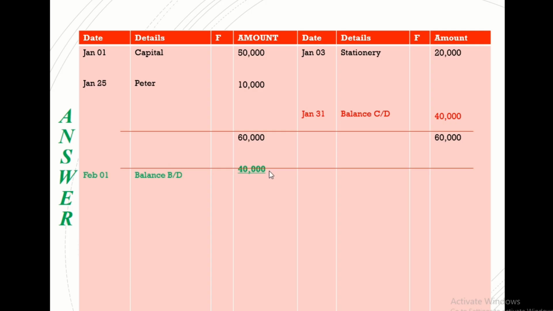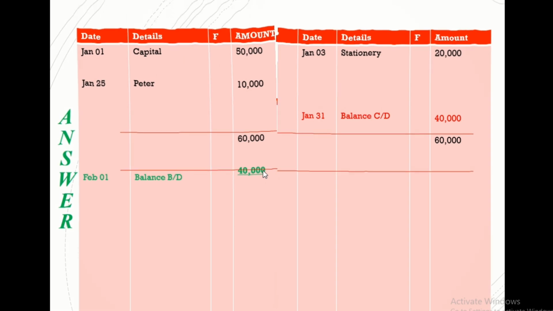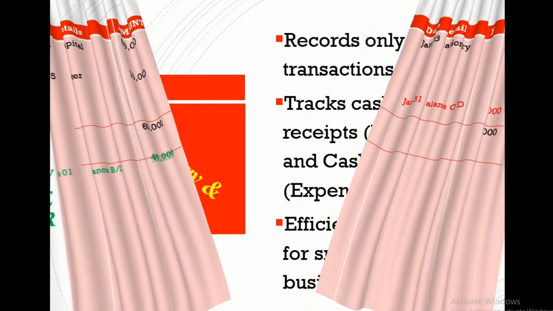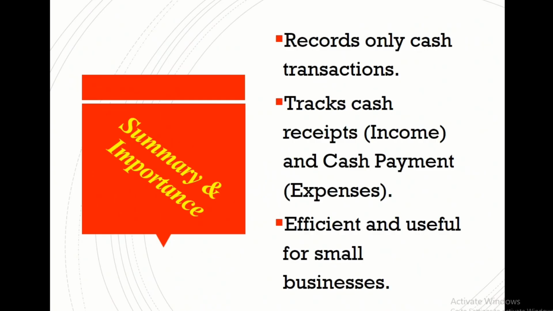You can see that balance carried down must be equal to balance brought down, because the one you end a particular accounting period with is the one you need to start the next period with. Do not get confused.